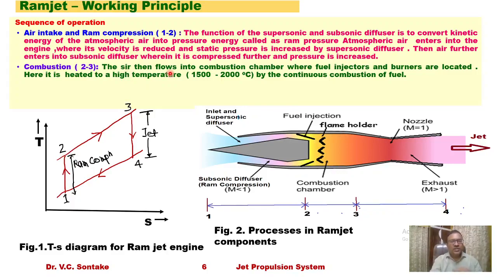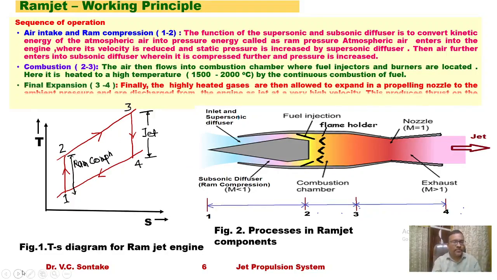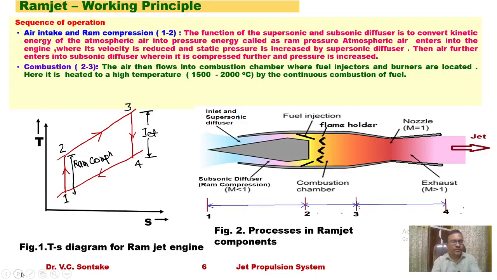The air then flows into the combustion chamber where fuel injectors and burners are located. Here it is heated to a high temperature in the range of 1500 to 2000 degrees Celsius by the continuous combustion of fuel. So at constant pressure, its temperature is raised from T2 to T3.